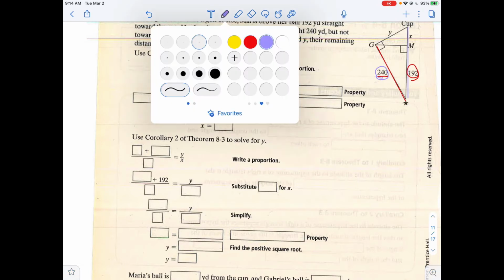And then in the other triangle, we're using 240, which is the hypotenuse of this side, and the adjacent side would be 192. So we're using the hypotenuse and the longer leg of each of these two triangles.